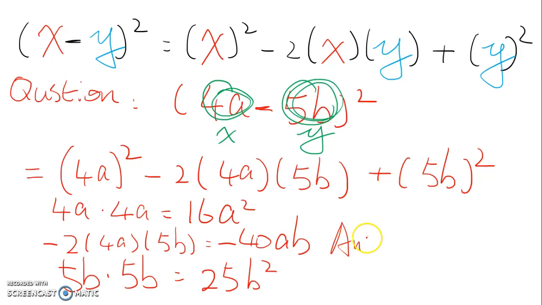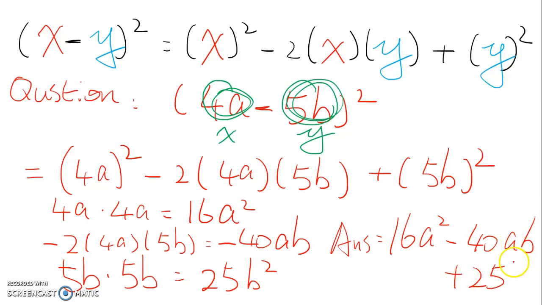So the answer, 16a squared minus 40ab plus 25b squared.